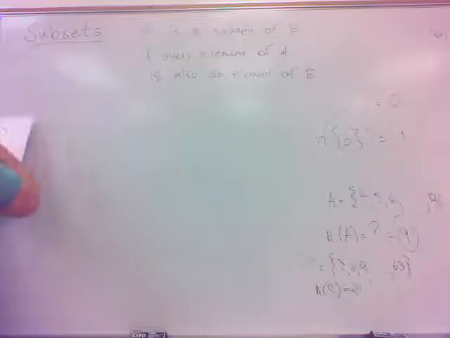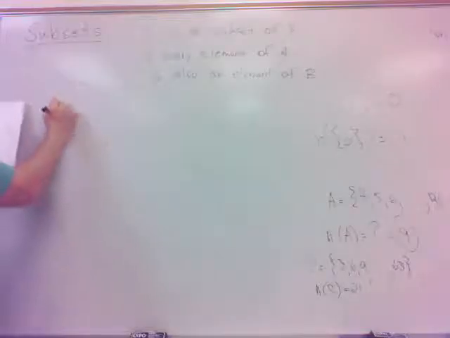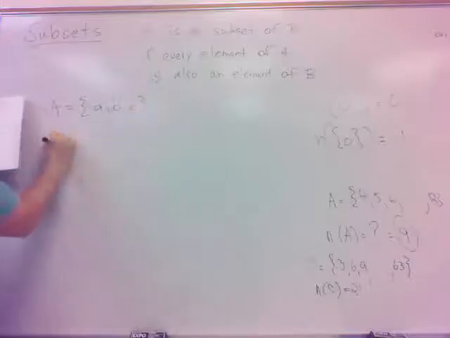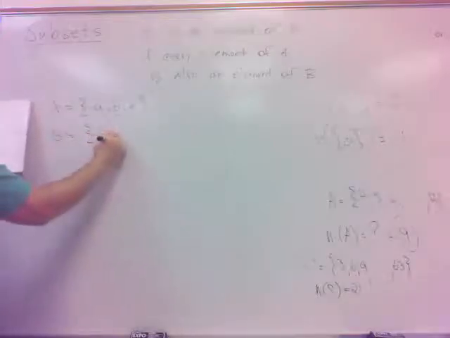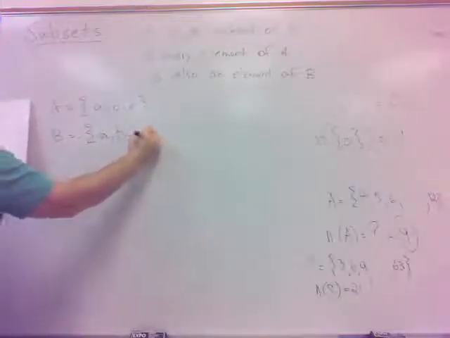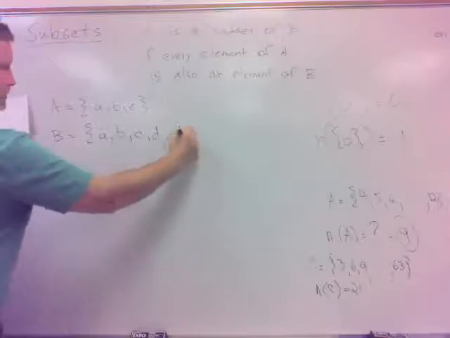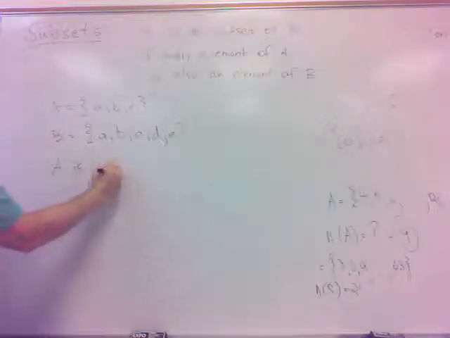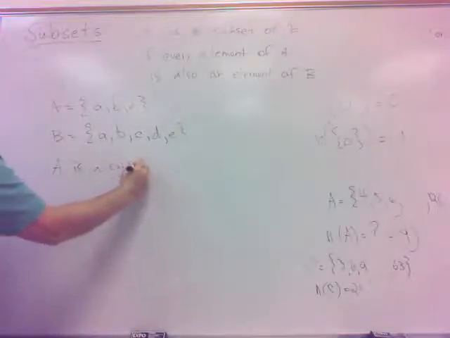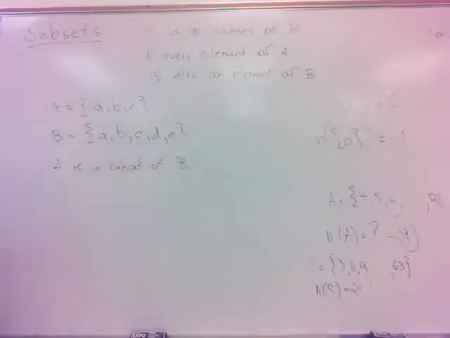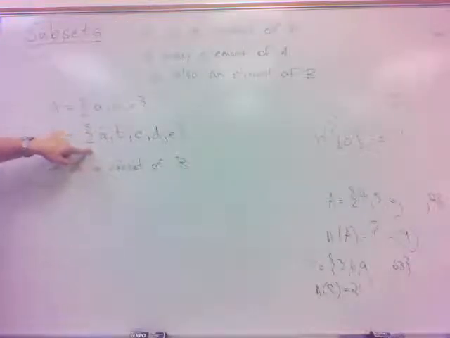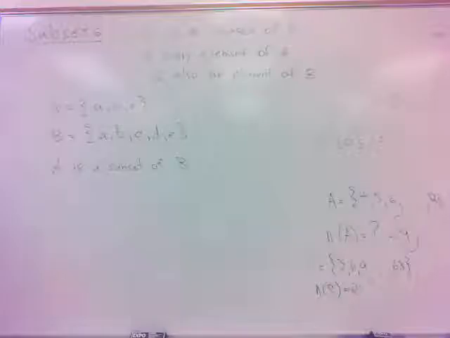If I had A is little a, little b, little e, and B is A through E, A is a subset of B there, isn't it? Every element of A is an element of B. Right? That's what I mean by subset.